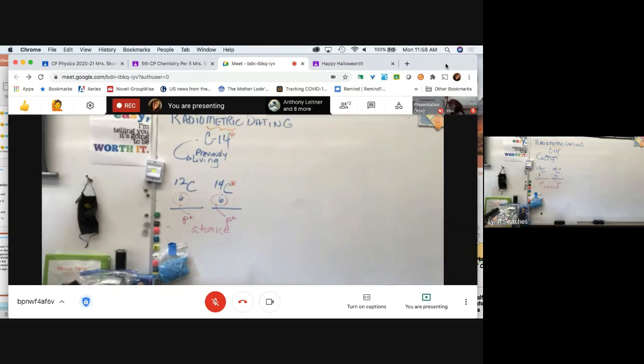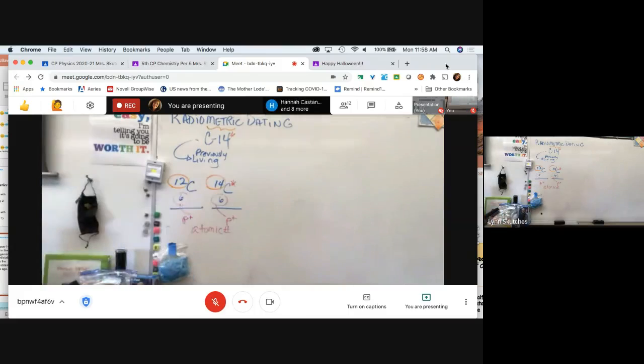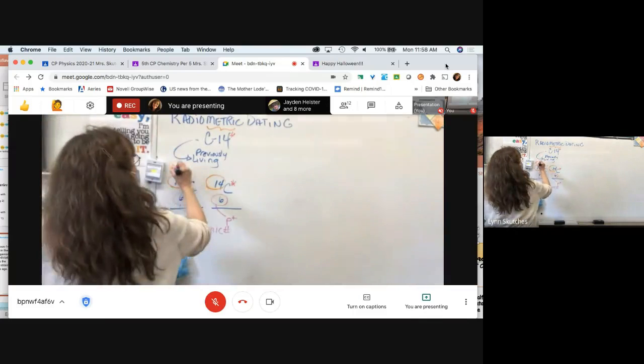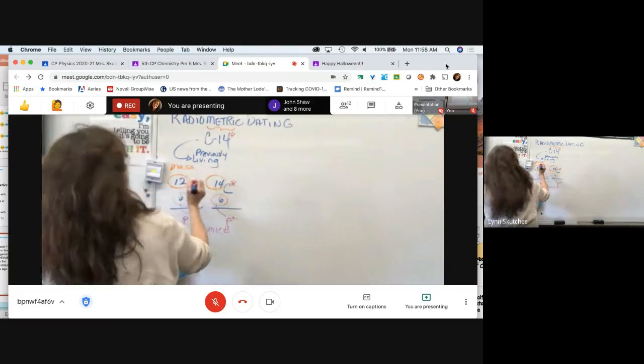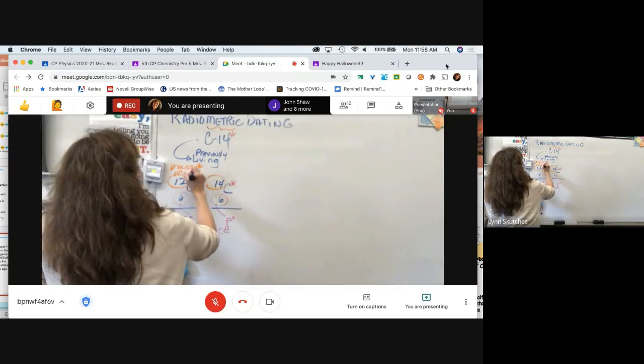What's different about these two carbons is this number. What's the big number tell us? Mass number, and it's different isotopes. What does the mass number tell us? Number of what? Neutrons and protons added together. Good job.